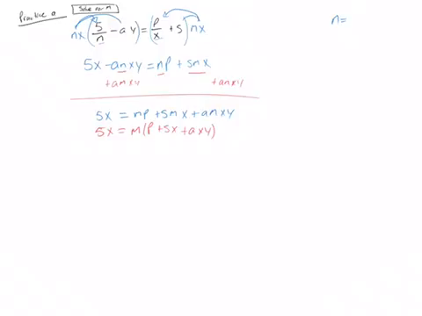Now I'm almost there because I have m times something, kind of like I had on the previous page. I'd like 2x equals a number. So I have m times something equals some other number. So I'm just going to divide both sides by this mumbo-jumbo thing, that p plus sx plus axy.